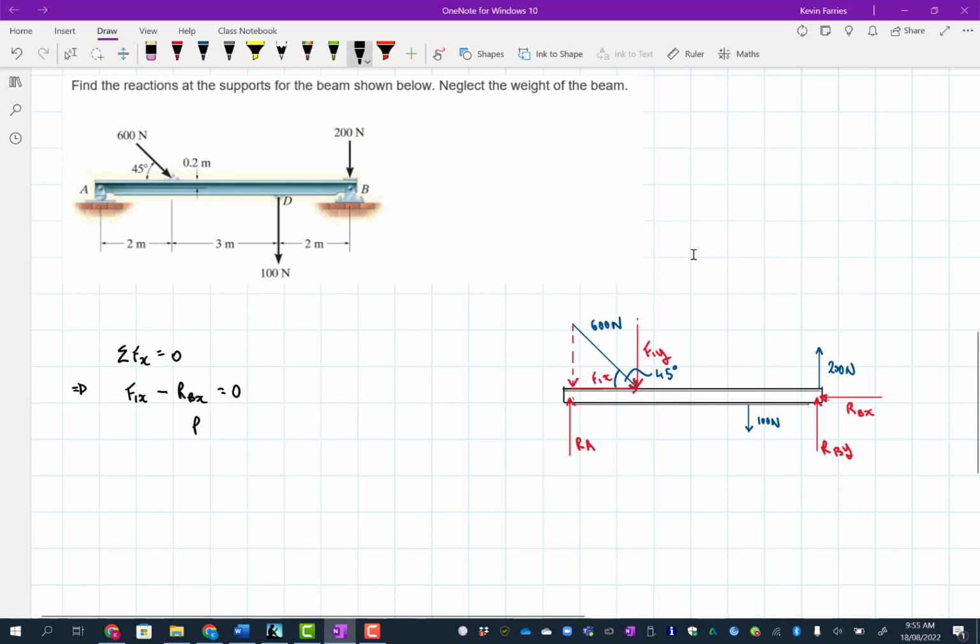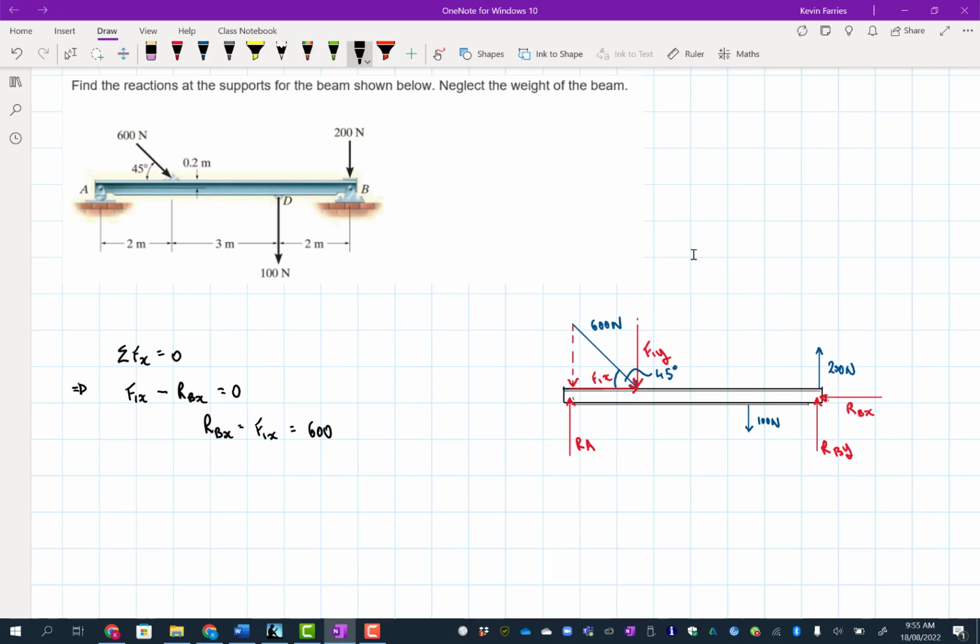You could see it just by looking at it. You don't even really need to write down the equation, but F1x, as long as you're drawing it in the right direction, must be equal to RBX. It would have been better if I'd done those the other way around because we're trying to find RBX. So let me just do that.